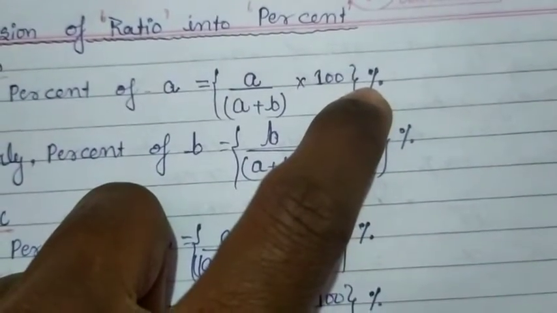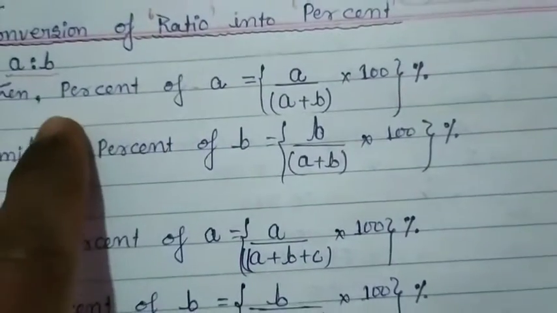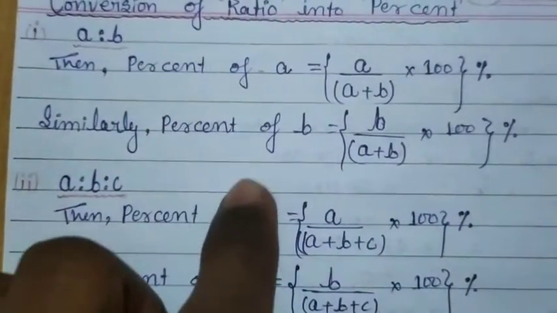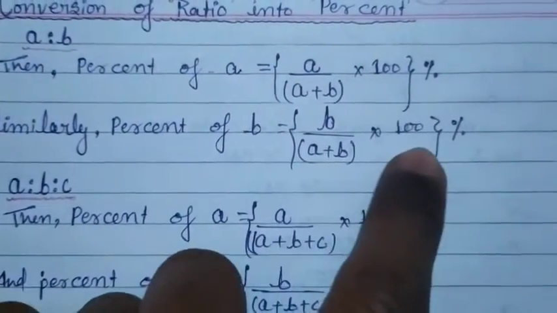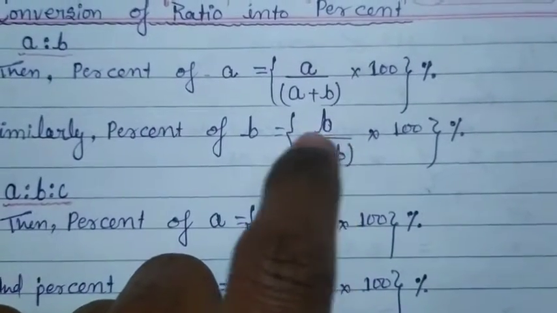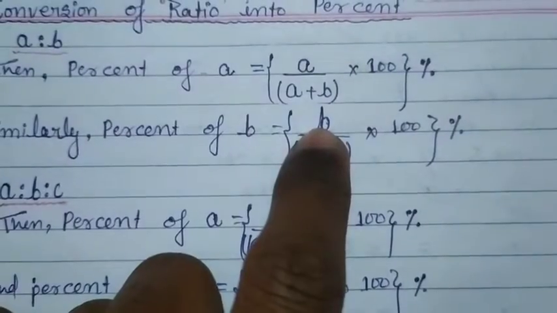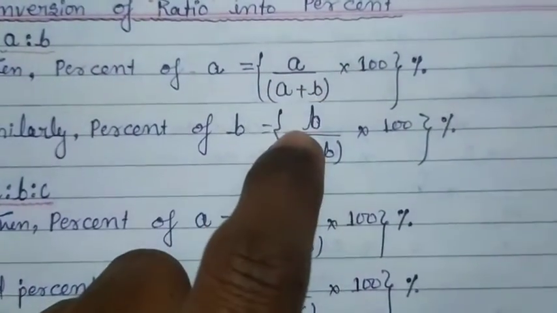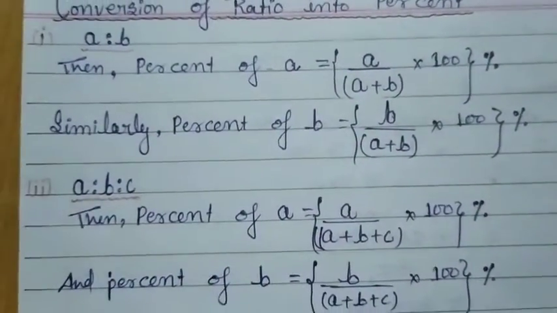So add a sign of percentage. Just like that, percent of B can be evaluated. Just replace A in this place by B.